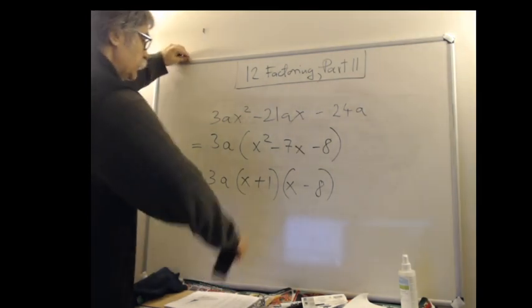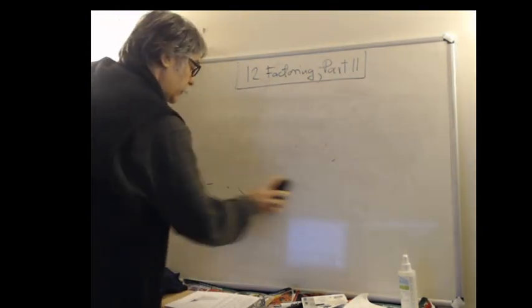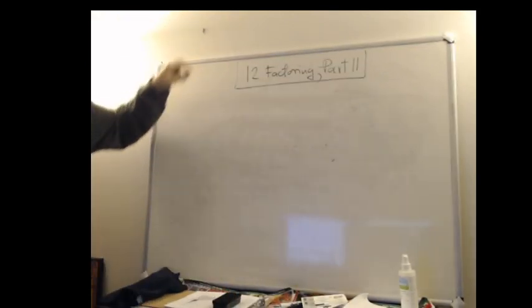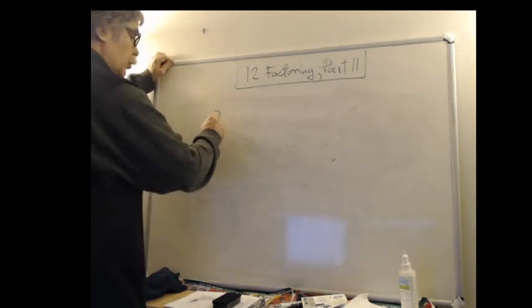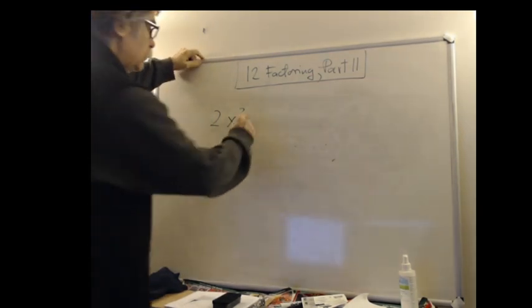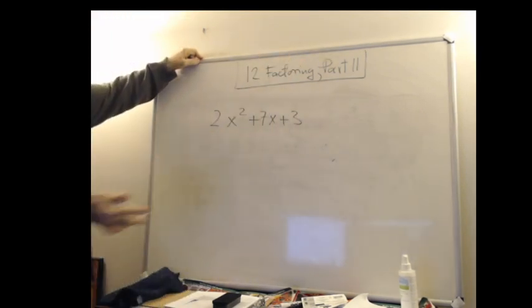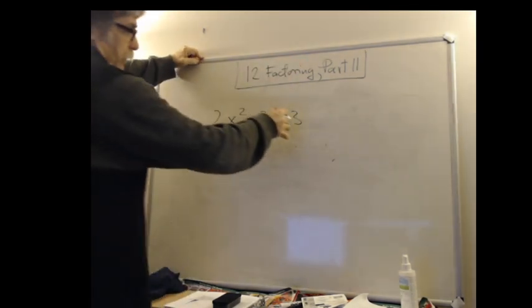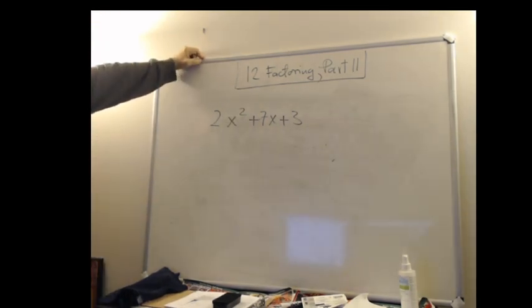Okay? Now, this trial and error method could get harder if you have something that doesn't start with a square of variable, something more than a square of variable, like 2 squares of variable. Okay? No common factor again. There's 3 here. 3 is not in either of the first 2 terms, so you have no common factor. But this is still something you can factorize.